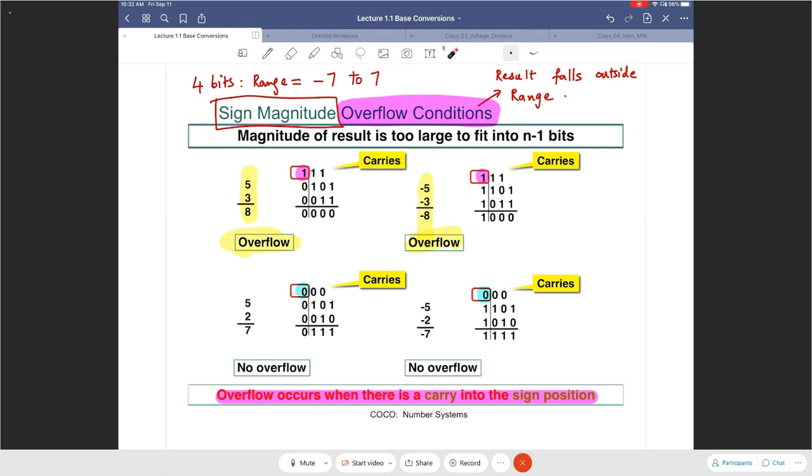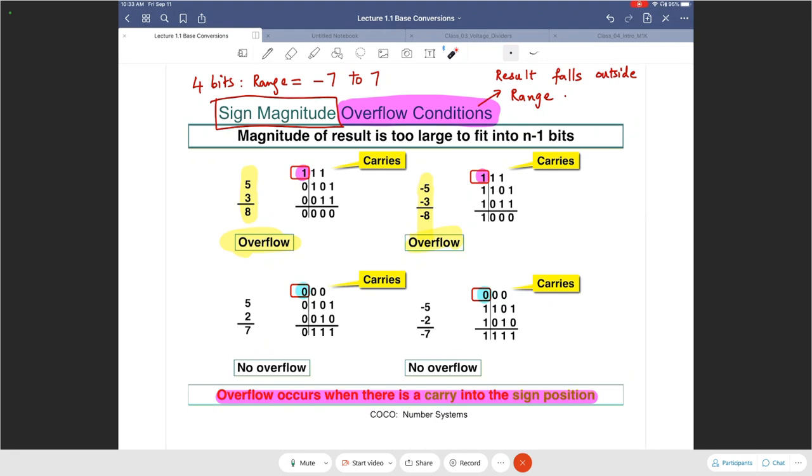So for example, if you had 4 bits to represent signed magnitude numbers, these 4 bits should be used for the numbers as well as for the result. Meaning with signed magnitude with 4 bits, you get a range of -7 to +7. So if you took 5 plus 3, when you add it, the answer falls outside the range, meaning 4 bits are not enough to represent 8. That's an overflow condition where your result falls outside the range.